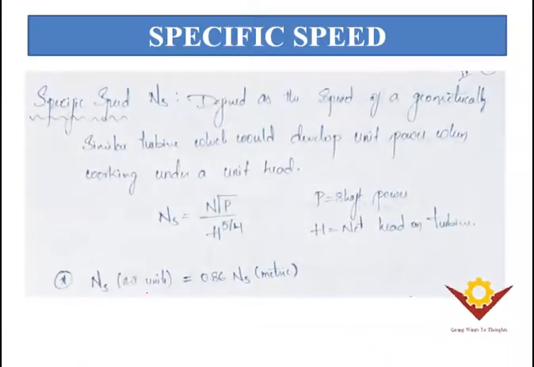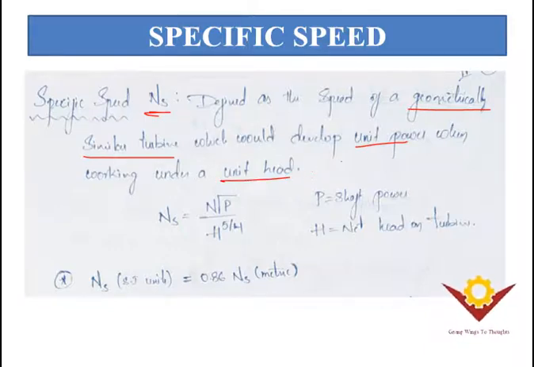Now we will see simple terms like specific speed. It is designated as ns, and it is defined as the speed of a geometrically similar turbine, similar to the actual turbine, which would develop unit power when working under unit head. See, the actual turbine cannot produce a unit power under unit head, right?